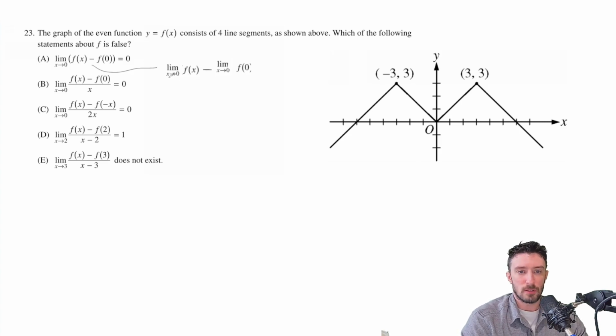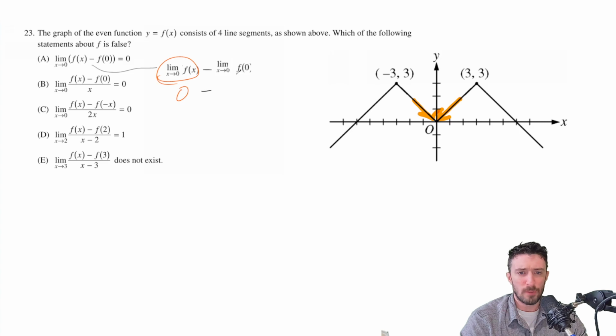Well, let's take a look at the limit of f as x goes towards 0. So let's come at it from the left, come at it from the right, and both of those limits are 0, both the left hand and the right hand. Therefore, this actually is 0.